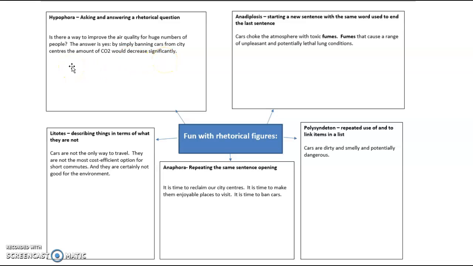So of course you could write, is there a way to improve the quality of childhood for huge numbers of teenagers? The answer is yes. By simply investing more money in youth centres, young people would have a lot more to do. So that's just a quick example of how you can use my examples and adapt them for this task, just to recap and revisit sentence level writing and using rhetorical devices.